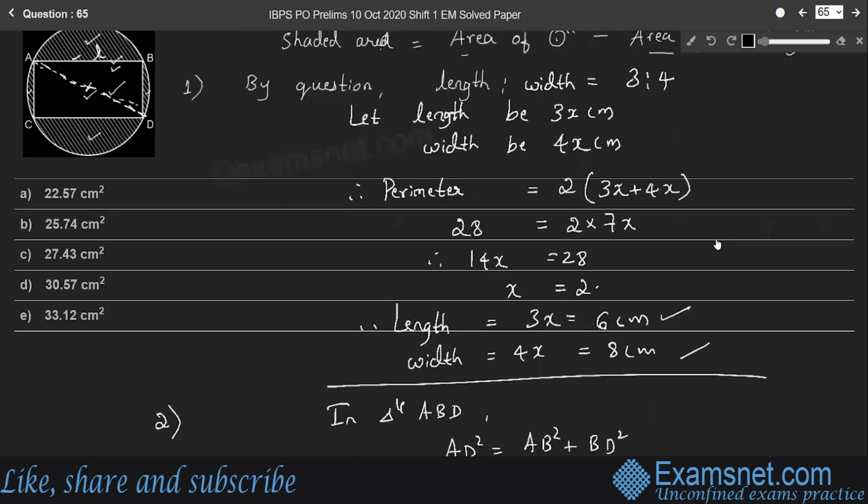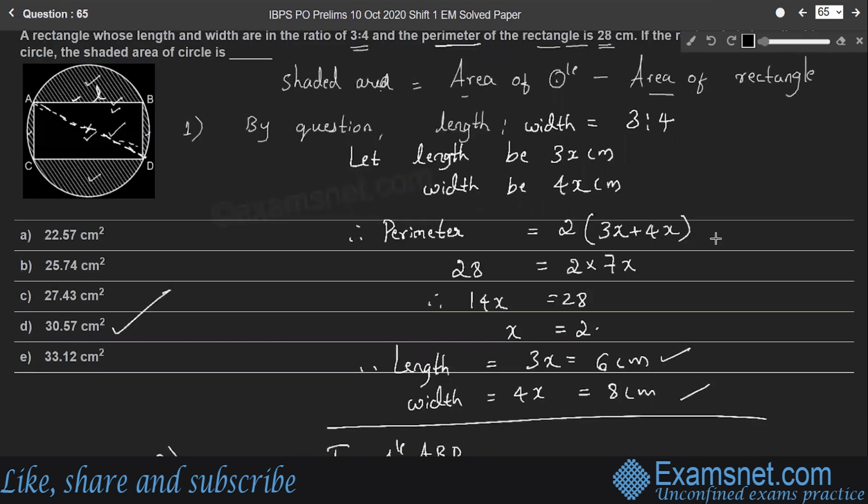So 30.57, option D is the right answer. The area of the shaded part is 30.57 centimeter square.